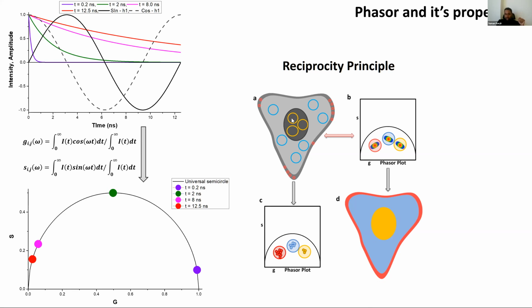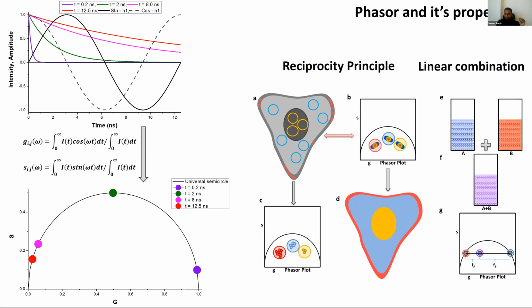However, you can also select different parts of the image, and you can see where those points lie in a phasor plot. This back and forth between the image space and phasor space, in terms of a phasor colored image and the actual image space, and calculating their phasor point, is what gives phasor its very high applicability in imaging, especially for metabolic changes, small changes in different parts of the sample.